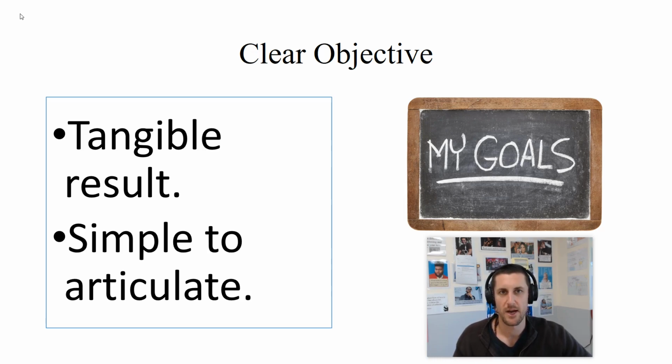So, for example, perhaps they have produced a role play in which each person speaks 5 times. That is measurable, and it is clear when the students are finished. And finally, the objective should be simple to articulate.